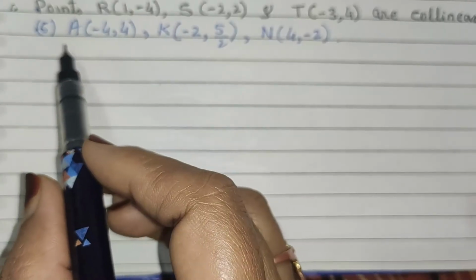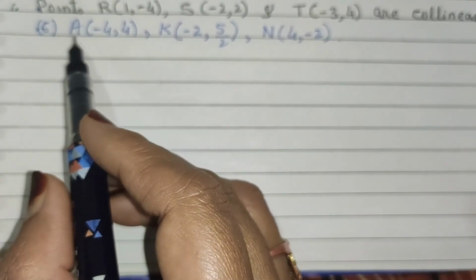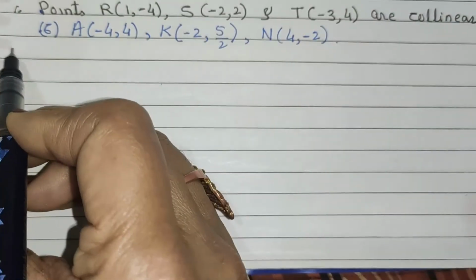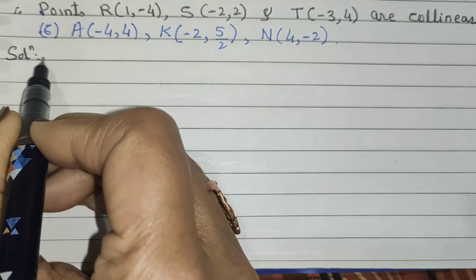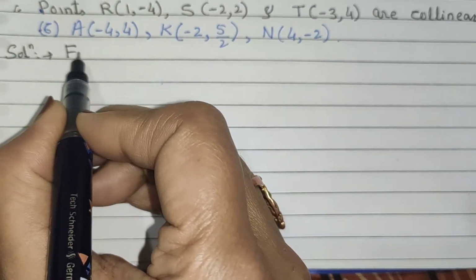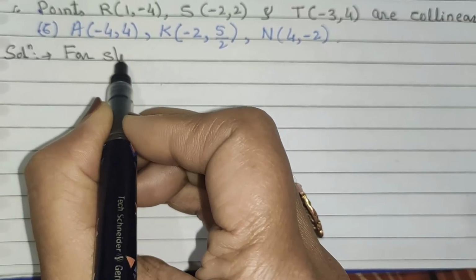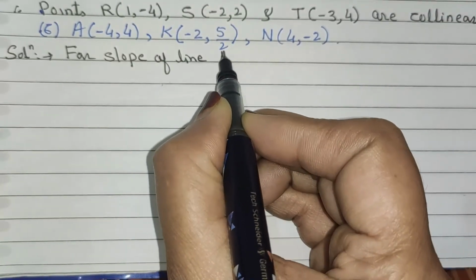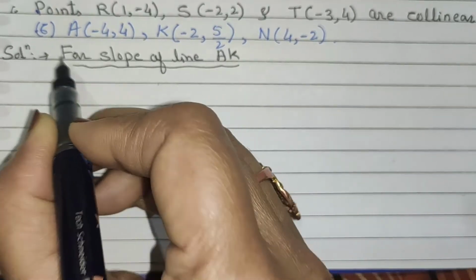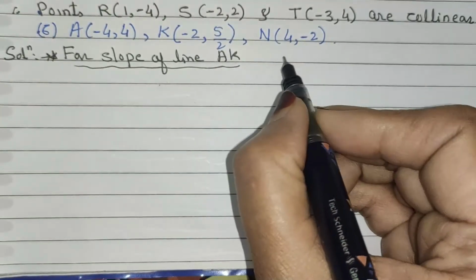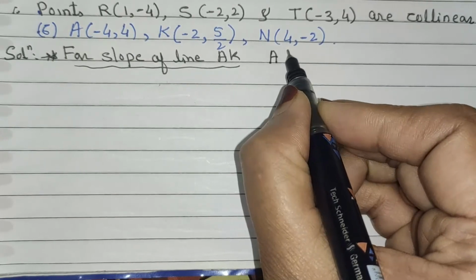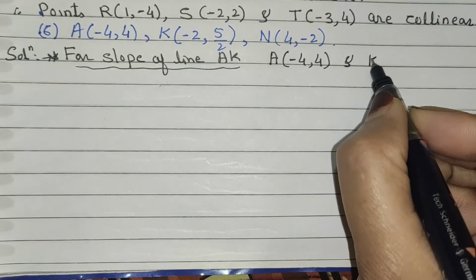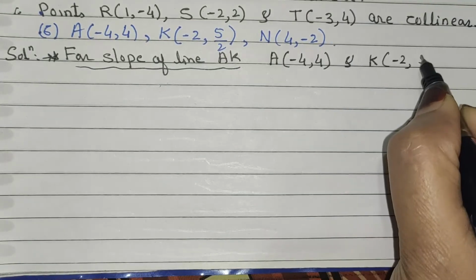Now in the next question, first find out the slope of line AK and then slope of line KN. Now for slope of line AK, write down the coordinates of point A are -4, 4 and K are -2, 5 upon 2.